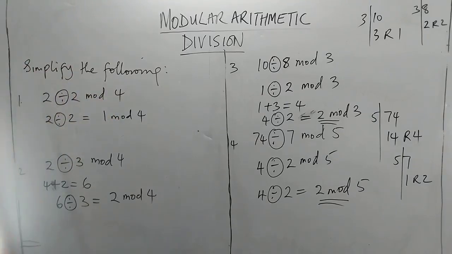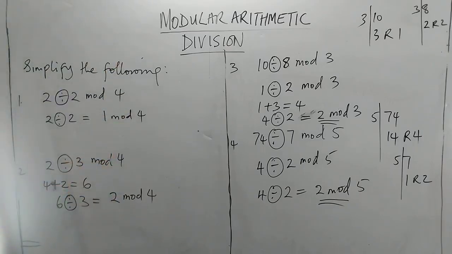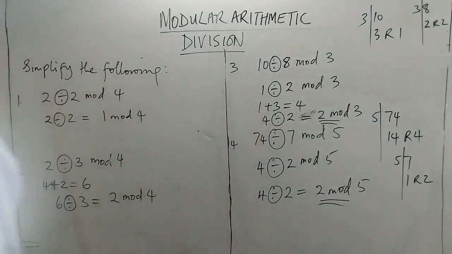If it can, of course, do your division. But if it cannot, look for the least multiple of the mod that you can add to that dividend to make it divisible by the divisor. We saw that in the second one. We saw that in the third one.